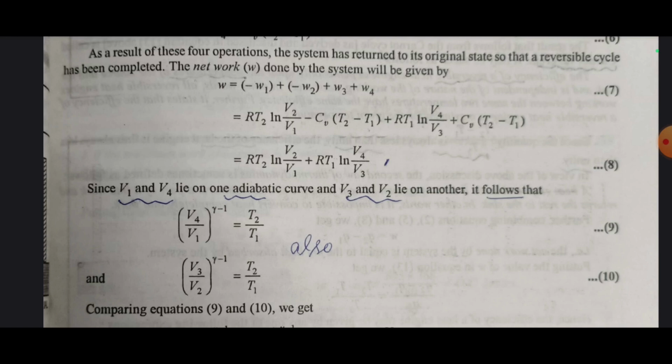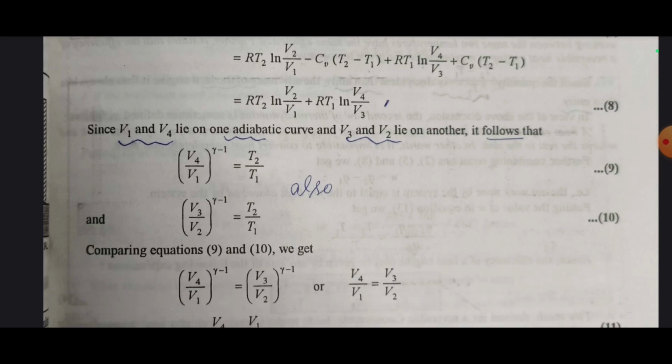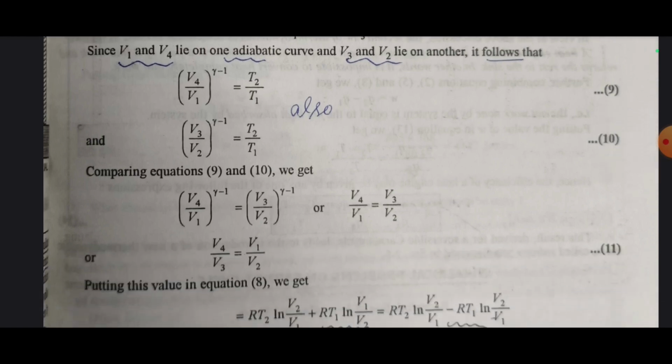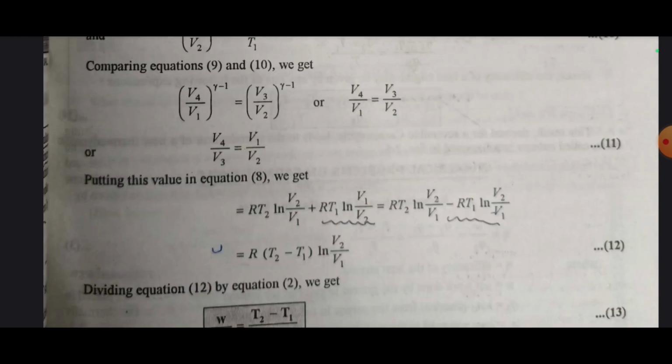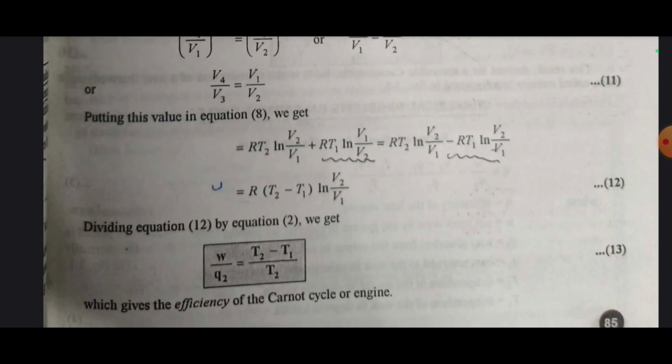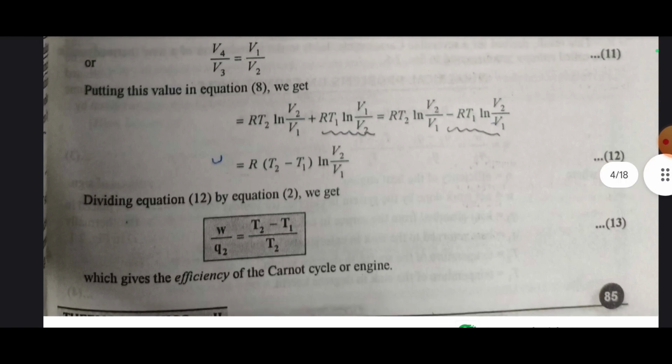Since V1 and V4 lie on one adiabatic curve and V3 and V2 lie on another, it follows that (V4 by V1) raised to the power gamma minus 1 is equal to T2 by T1 and (V3 by V2) raised to the power gamma minus 1 is equal to T2 by T1. On comparing these equations, we get V4 by V3 is equal to V1 by V2. Putting these values in the equation, we get W by Q2 is equal to (T2 minus T1) by T2, which gives the efficiency of the Carnot cycle or engine.